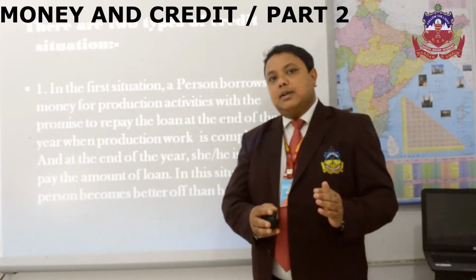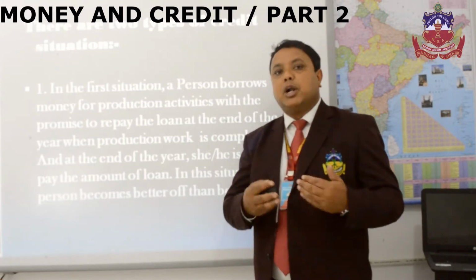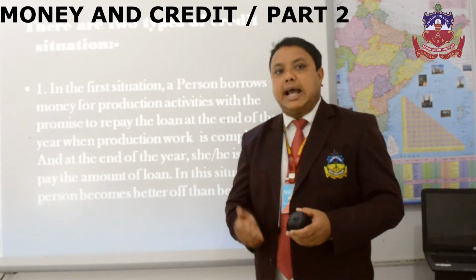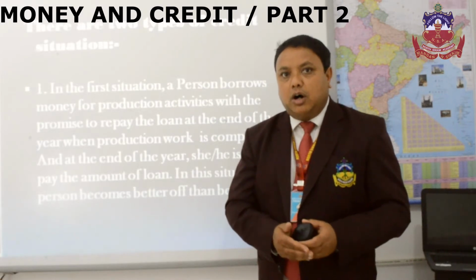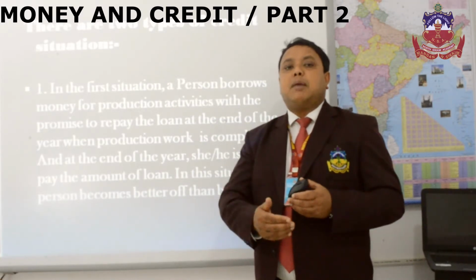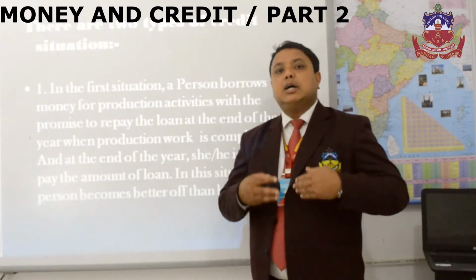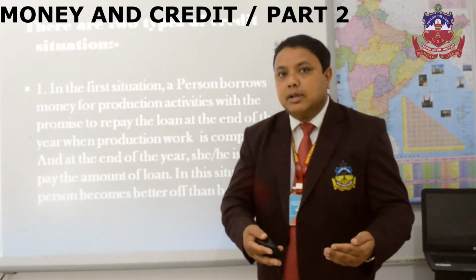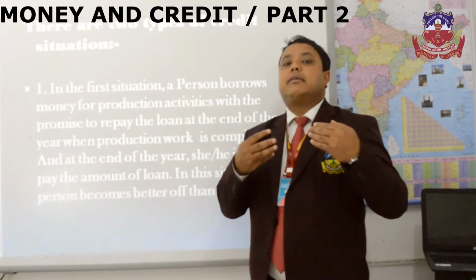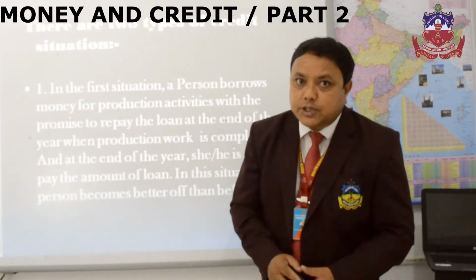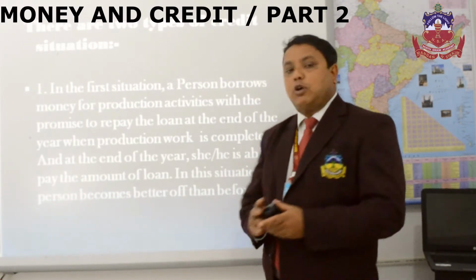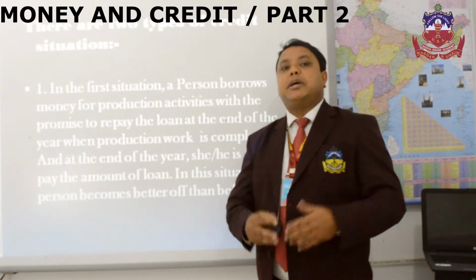In this situation, the borrower has become successful and has made some amount of profit. That is why he is able to pay the credit back in time with the amount of interest also, and he himself also has become better off.